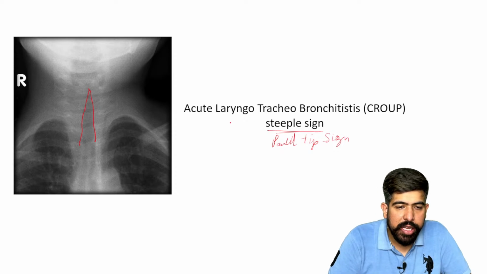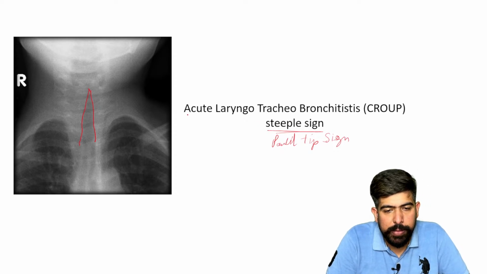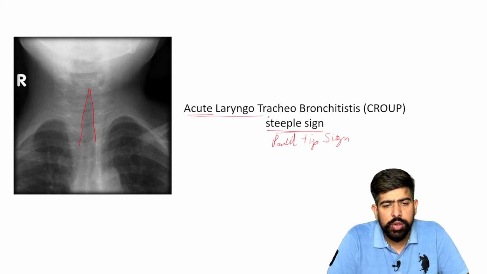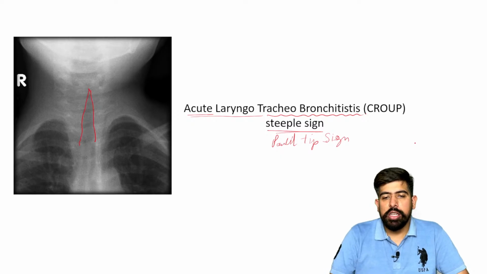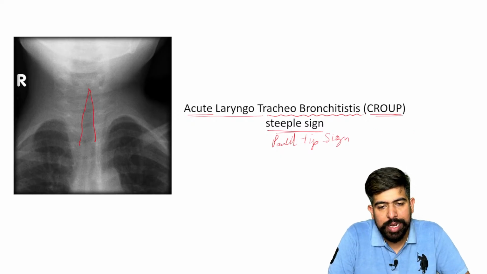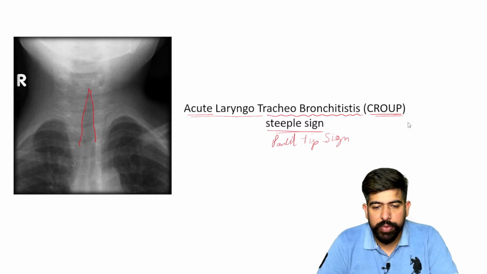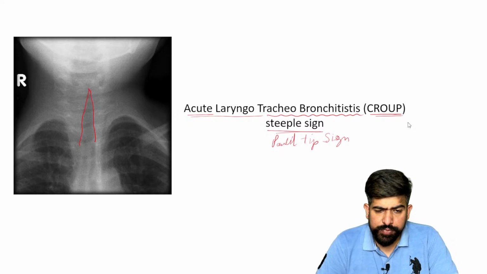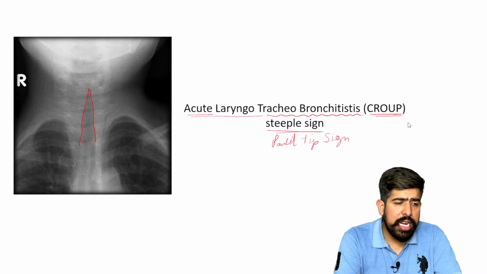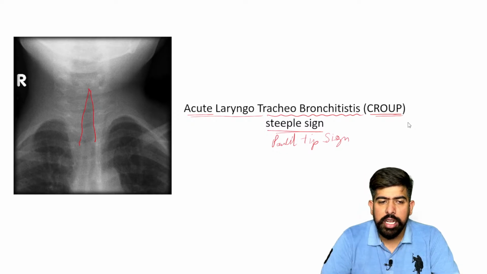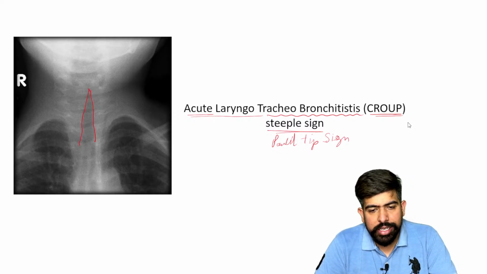This is particularly seen in croup, which is also known as acute laryngotracheobronchitis, right? So you can answer croup if the option is given as croup. You can answer acute laryngotracheal bronchitis.